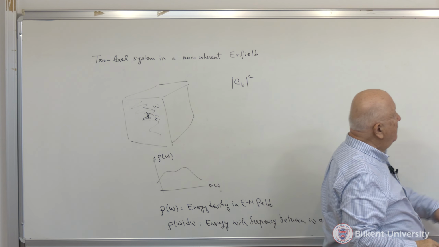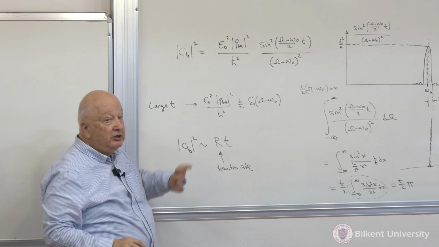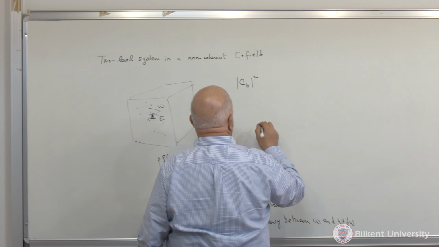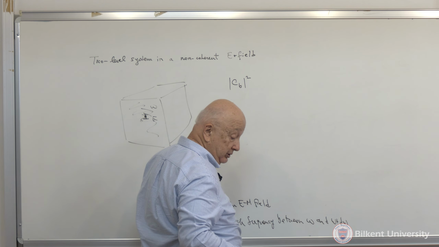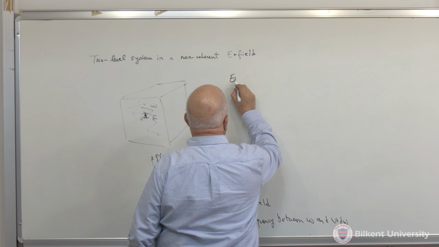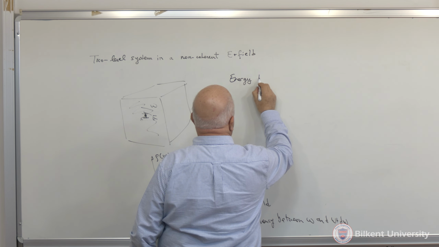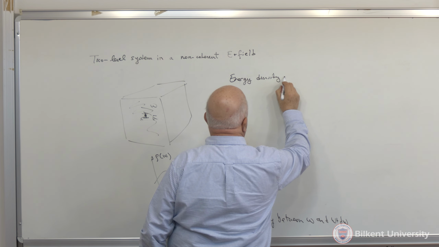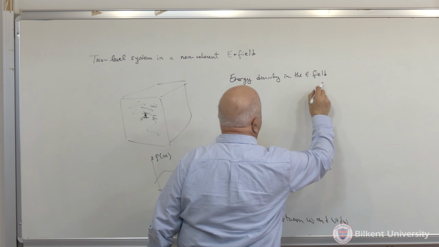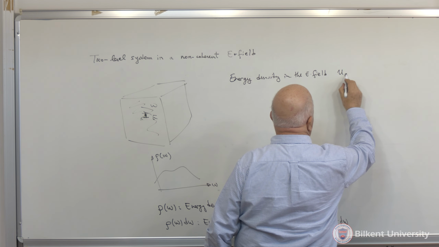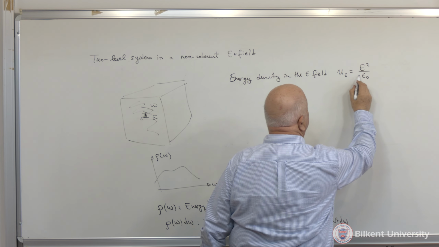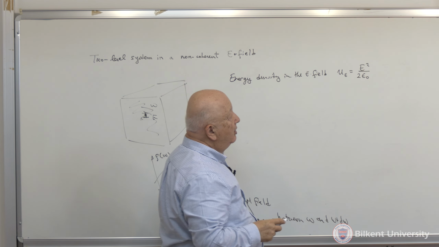There's this electric field, P, h bar, etc. Now, the energy density in the electric field is going to be U_E equals epsilon 0 E squared over 2, right?